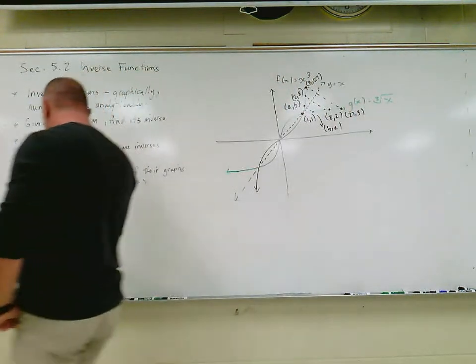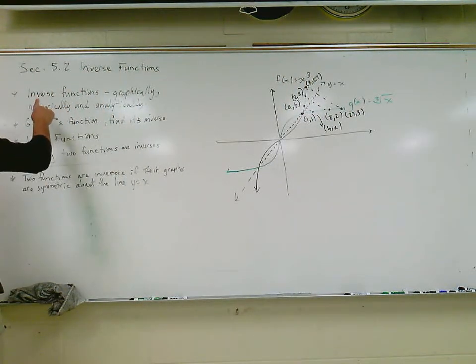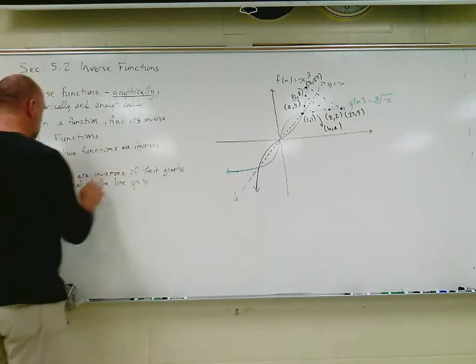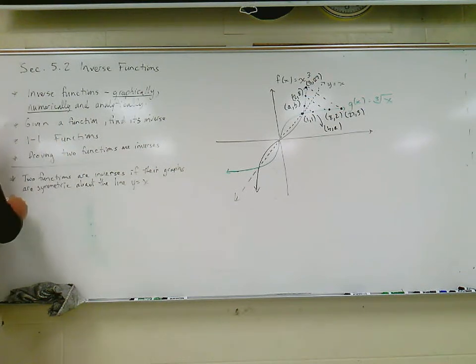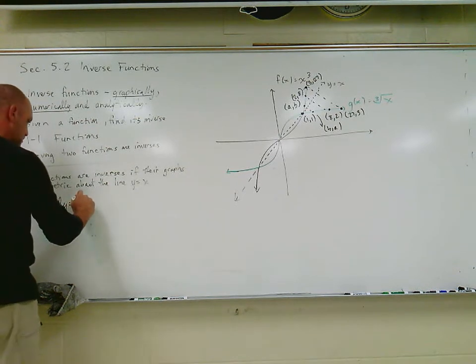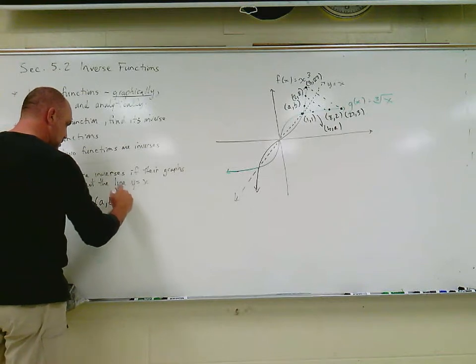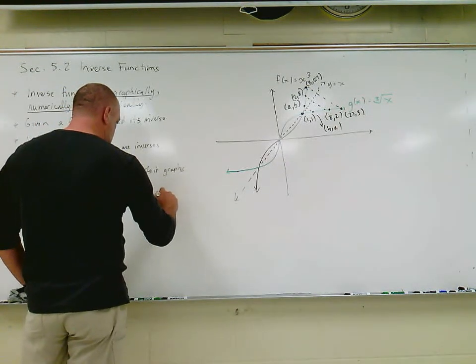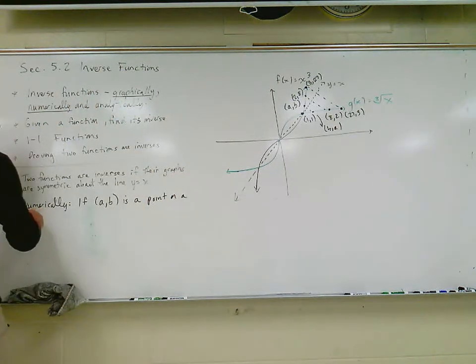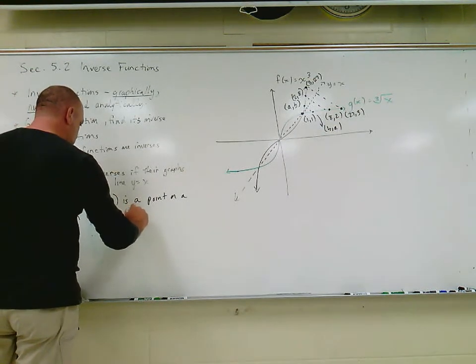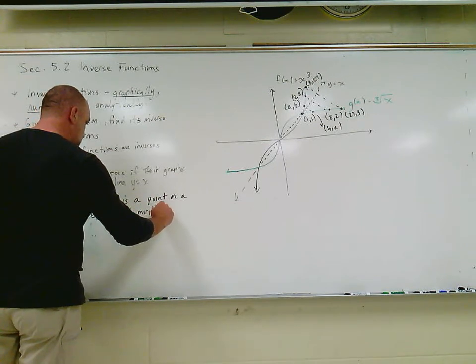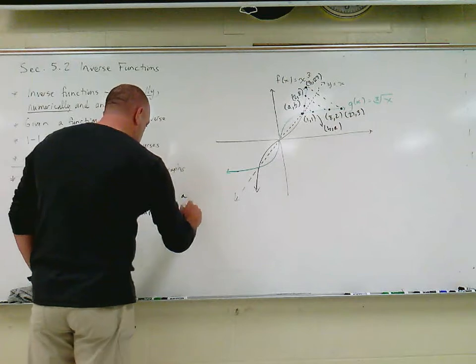So notice I'm talking about inverse functions in three ways. What do their graphs look like? They should be symmetric about the line y equals x. What's happening numerically? So here's the numerical. Numerically, if (a, b) is a point on a function, then (b, a) is the mirror point on the inverse.